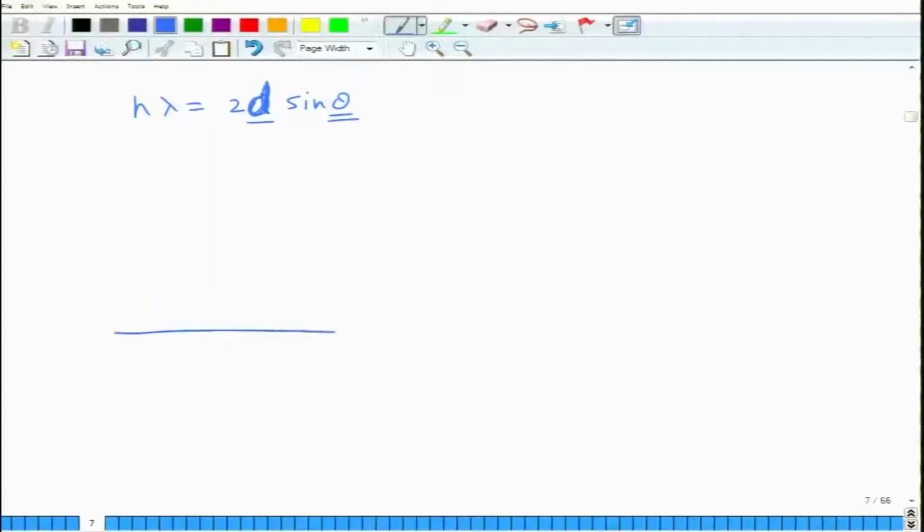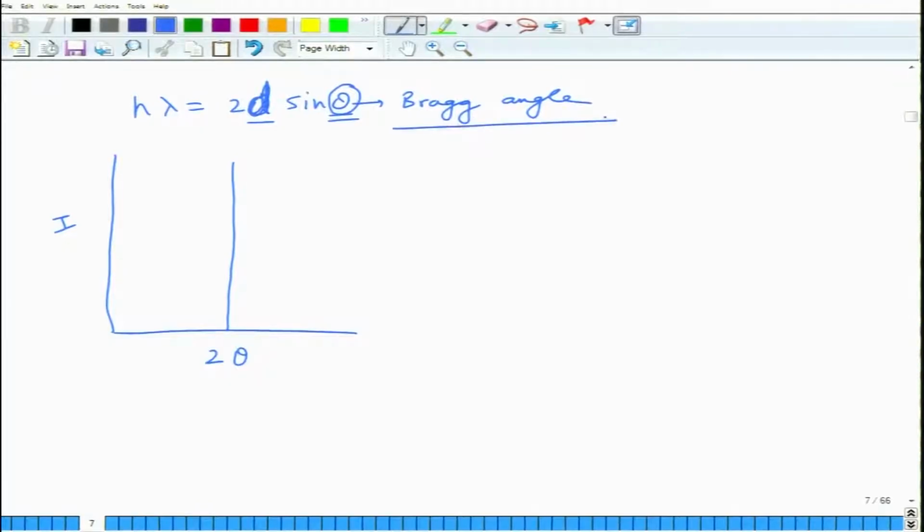So, for an ideal crystal, if you plot intensity I for a given peak as a function of 2 theta, I must have a single, very sharp line, because this Bragg angle is fixed. Since it is fixed by the Bragg relation, there must be a single peak at 2 theta b.